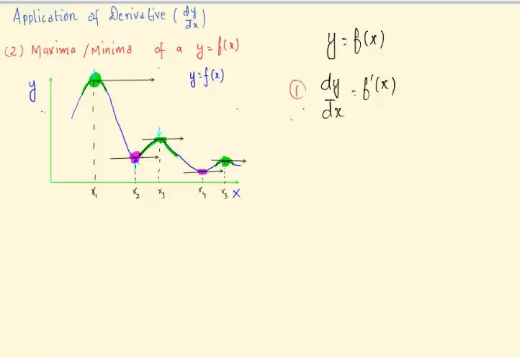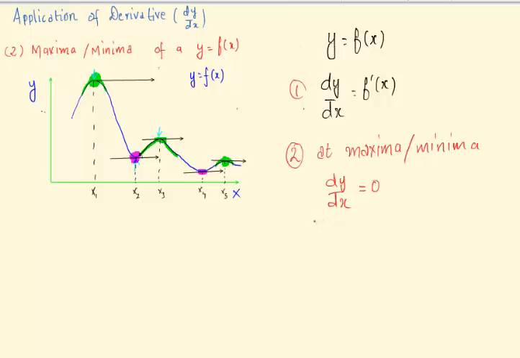This is step number 1. Step number 2 is we'll identify at maxima or minima the slope of the tangent should be 0. That means dy by dx must be equal to 0.